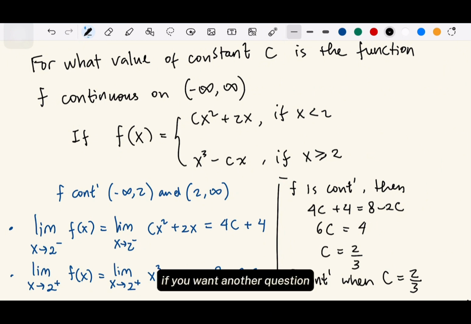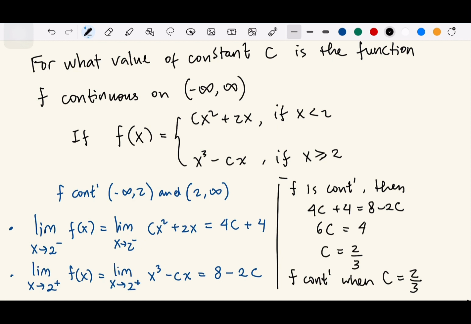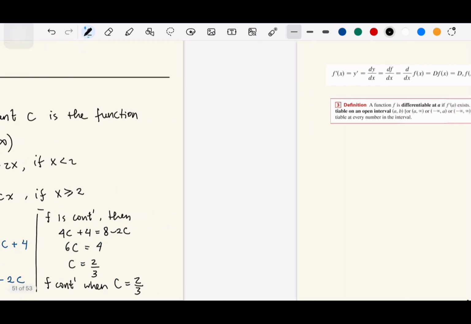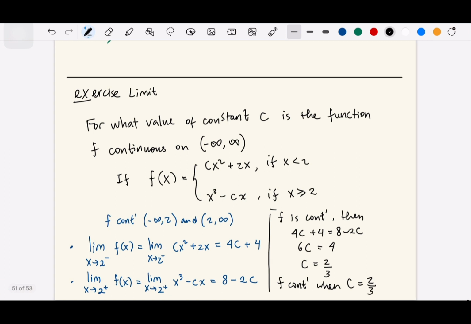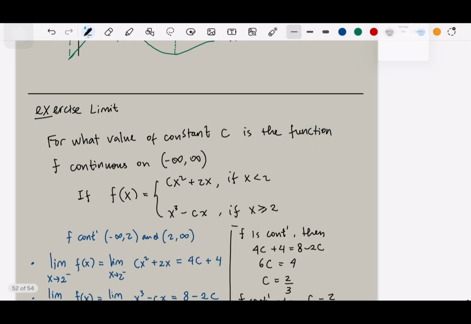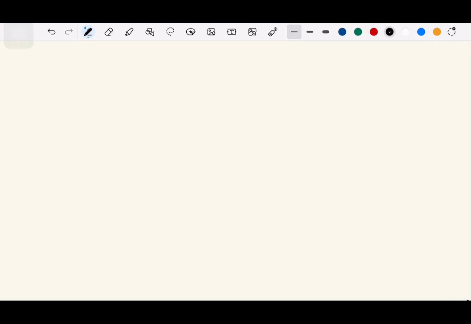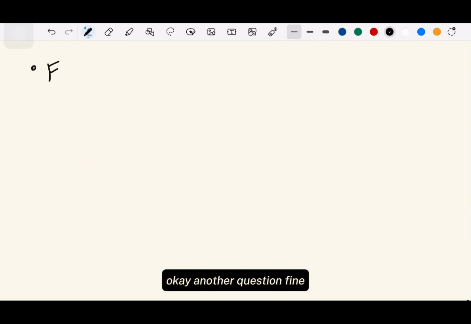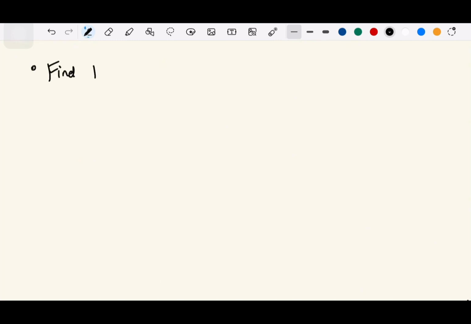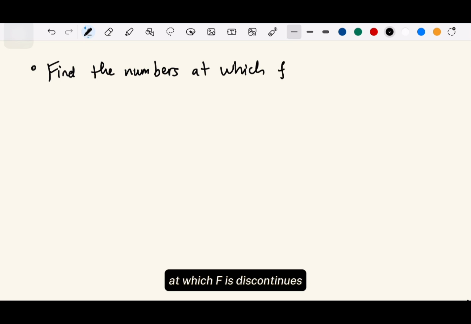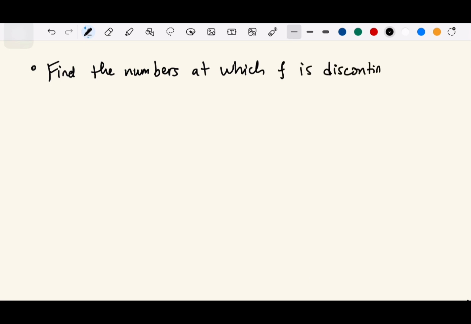Okay, do you want another question? Another question: find the numbers at which f is discontinuous.